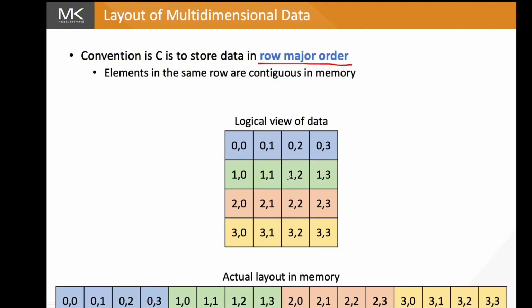So simply it stores it in a 1-dimensional array, and for storing the actual data, it first stores the first row, the second row, the third, and the last row, right? So basically, C flattens the 2-dimensional array into a 1-dimensional array.